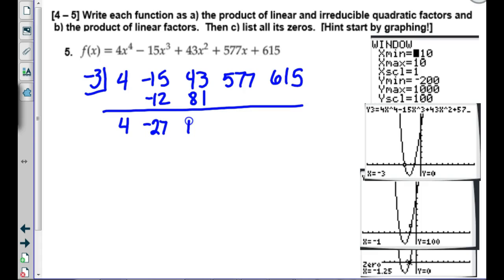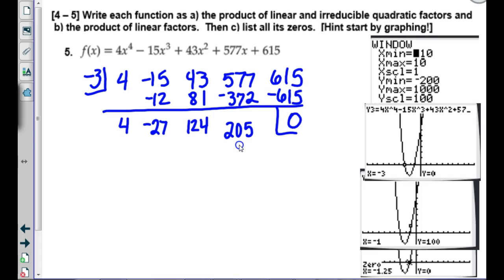Okay, now I might get stuck. 124 times negative 3. Is it 372? So we add and get 205. How did I do? Times negative 3 would be negative 615. Okay, we must have done it right because we came out to 0.